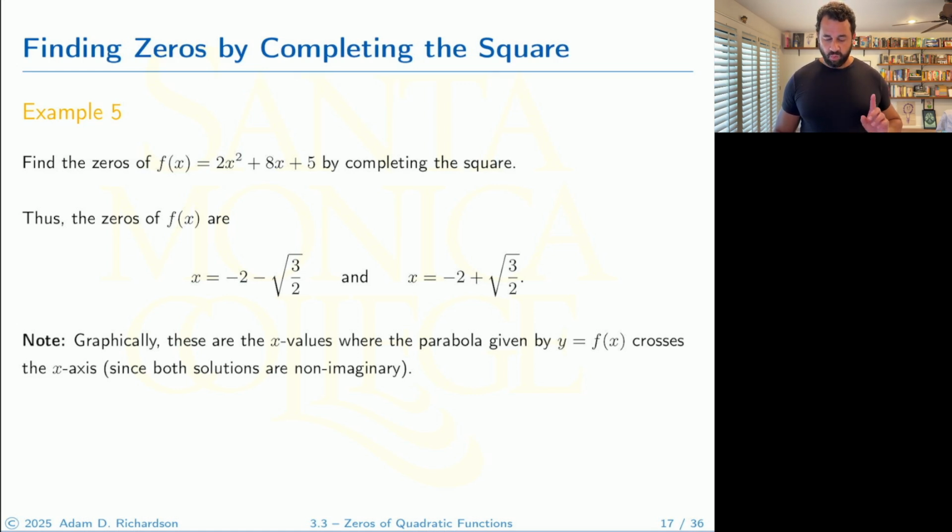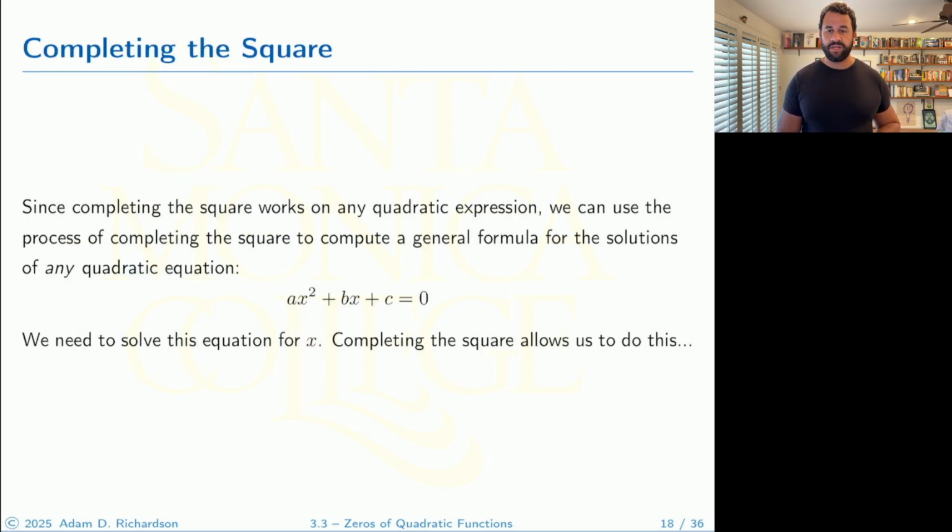Now, want to talk a little bit more about completing the square here. And I know I've said this a couple of times already, but completing the square works on any quadratic expression. And well, that means that we could use this process to find a general formula for the solutions of any quadratic equation of this form, right? Think about that for a second.